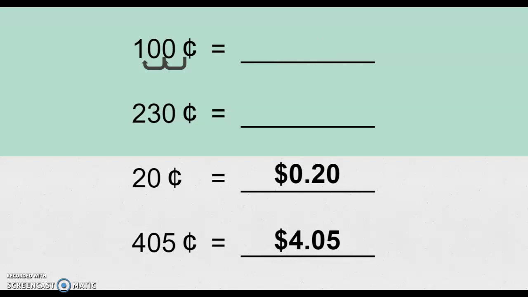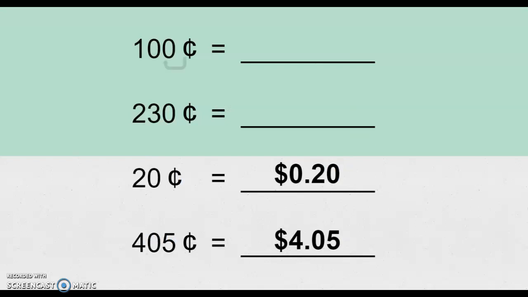Now, before that $1 came up, I want you all to see something. All that is happening here is you can imagine that your decimal is at the end, right next to your cent sign.